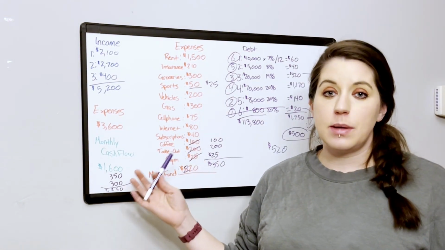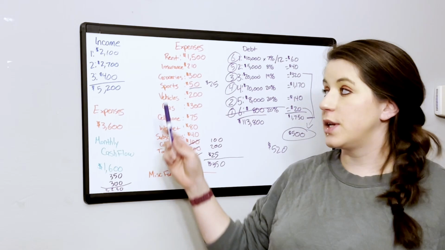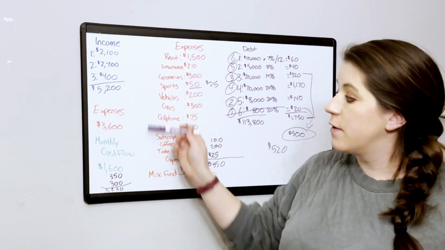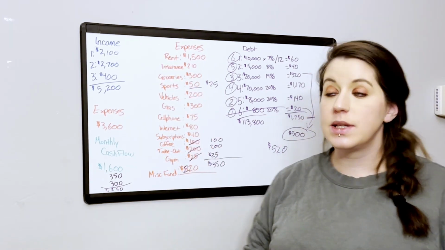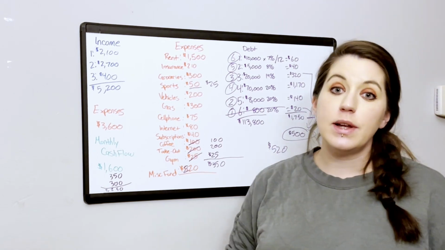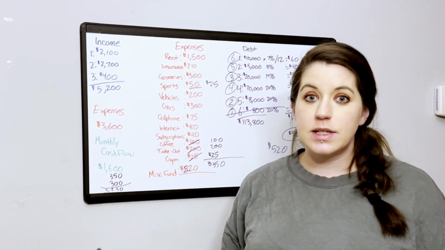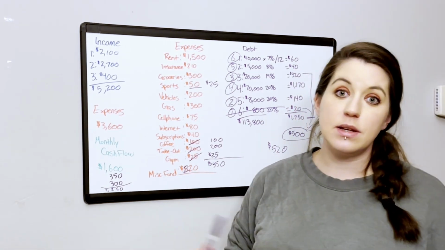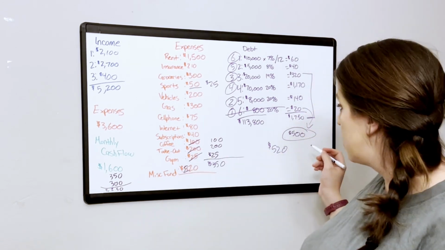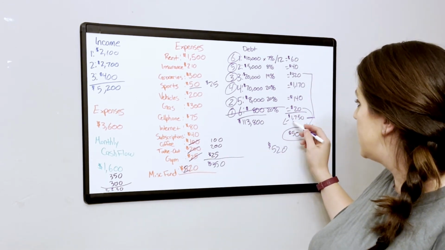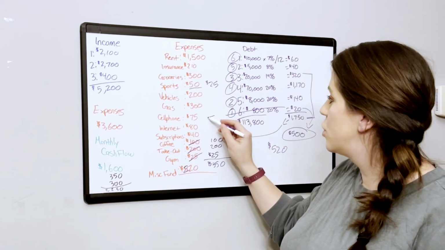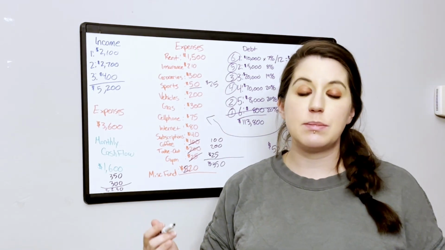I hope that this demonstration and scenario helps you understand how to create a budget, how to figure out what your monthly cash flow is, and then if you are in debt, essentially making sure, one of the things I didn't mention is this amount, the $1,750, should now actually become an expense in their budget.